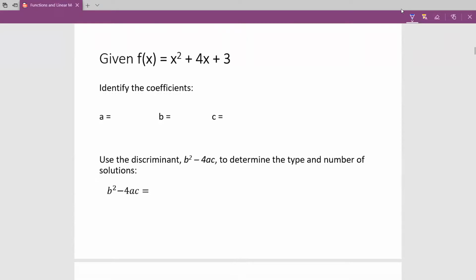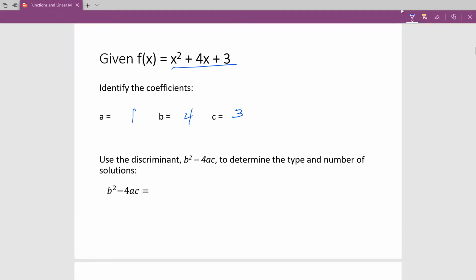Let's take an example here. f of x equals x squared plus 4x plus 3. We want to identify the coefficients. a, of course, is 1, b is 4, and c is 3.